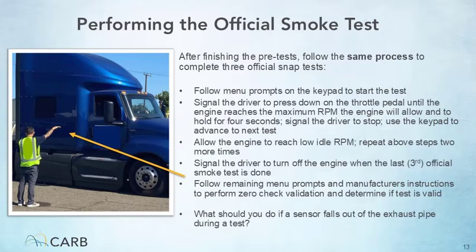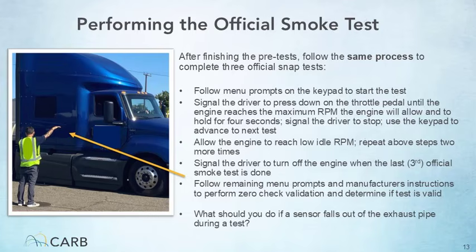The process for the official smoke opacity test is the same as the pre-tests. Again, you need to work with the driver to successfully complete 3 snap tests. To perform the official smoke test, follow menu prompts on the smoke meter's keypad to start the test, signal the driver to press down on the throttle pedal until the engine reaches the maximum RPM the engine will allow, and hold for 4 seconds.